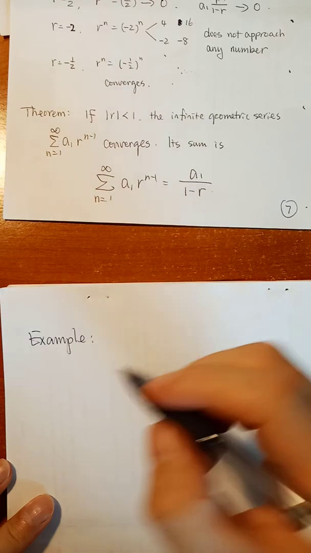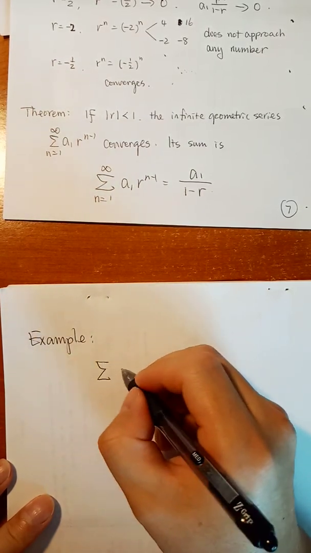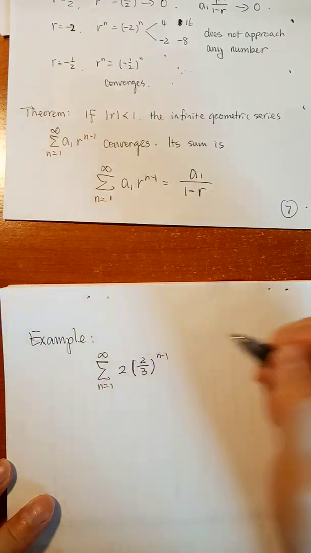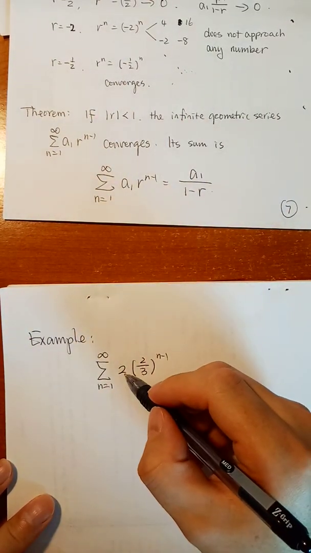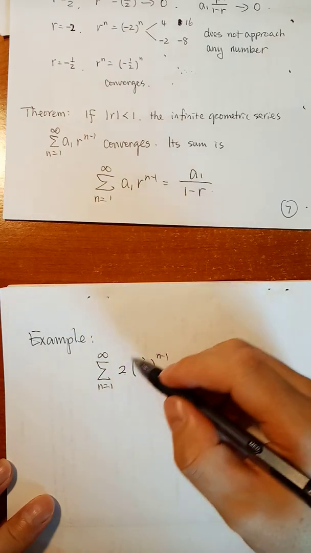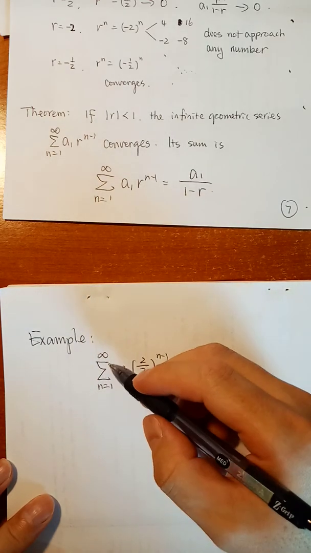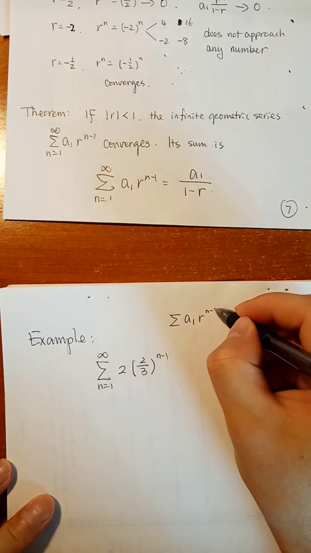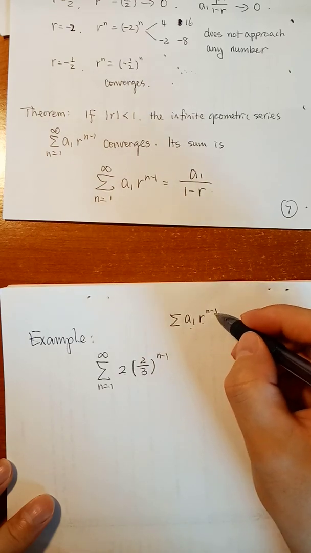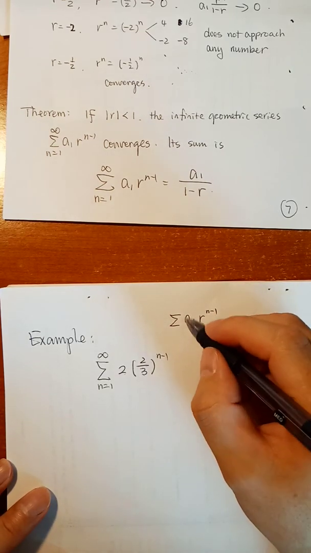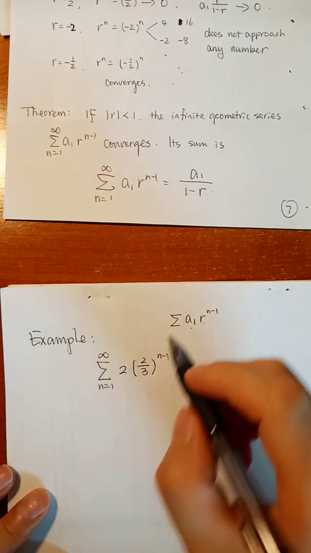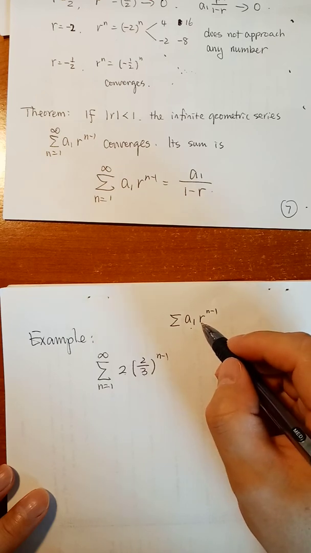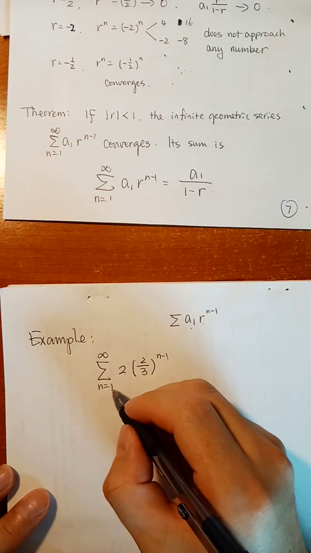So for example, we have the geometric series, sum of 2 times 2/3 to the n minus 1, from 1 to infinity. A1 times r to the n minus 1. This is exactly a geometric series. A coefficient times a fixed number to the n minus 1. The coefficient is a1, r is the common ratio, n is from 1 to infinity.